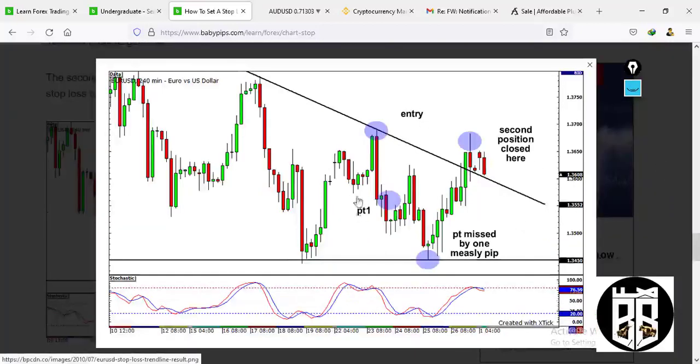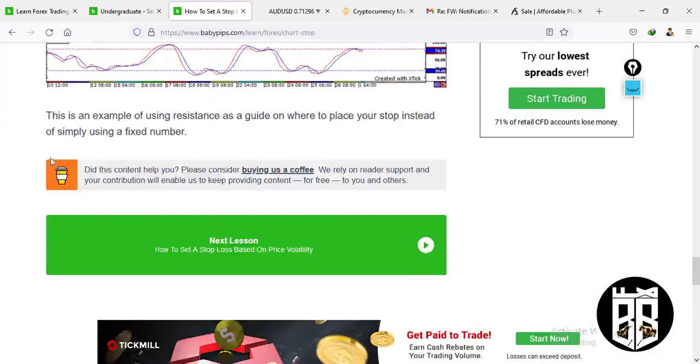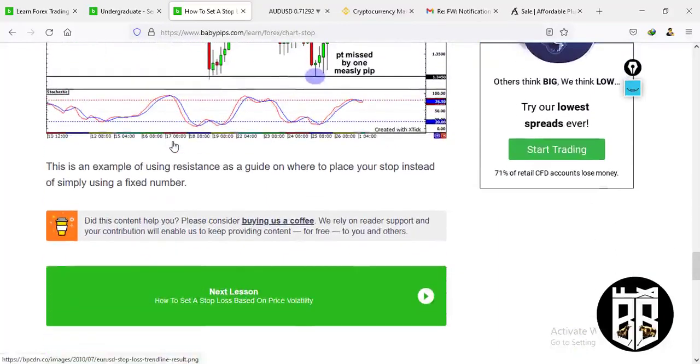Look at the entry here, look at take profit 1, and then this is take profit 2. That was slightly missed. So in the example above, using resistance as a guide on where to place your stop loss instead of simply using a fixed number is very, very beneficial to you.